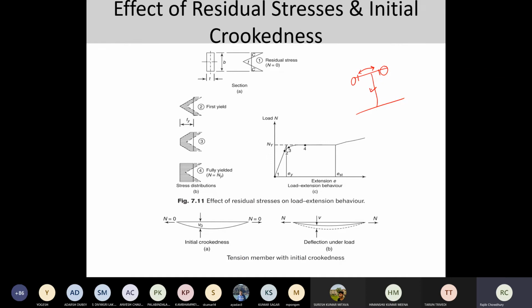Similarly, in the web, this portion would cool faster than over here. So there would always be tensile as well as compressive residual stress in any of your rolled sections, hot rolled or cold rolled. This residual stress will also increase when we have a welded connection. It does not have a significant effect, but it has some effect.